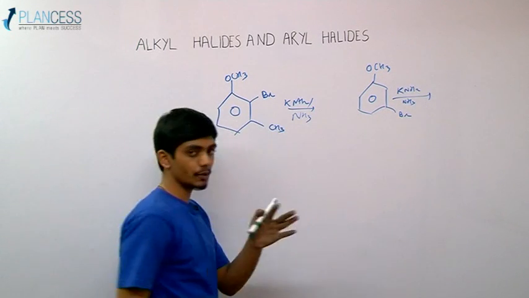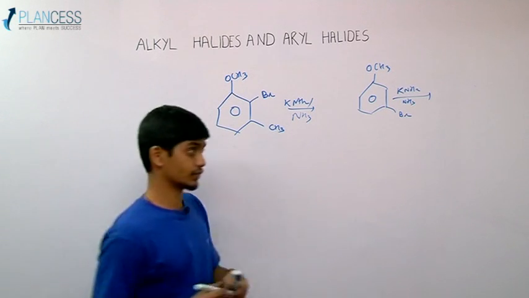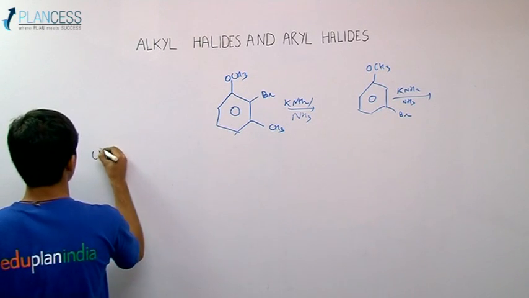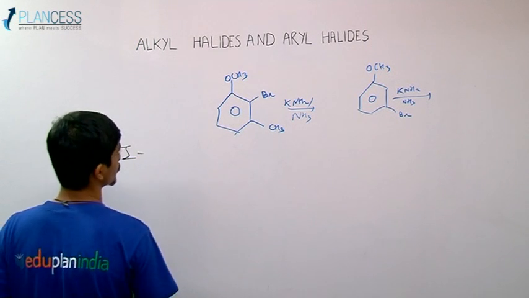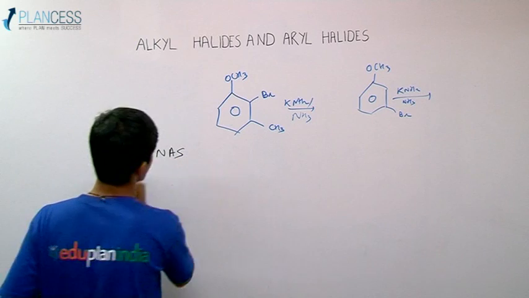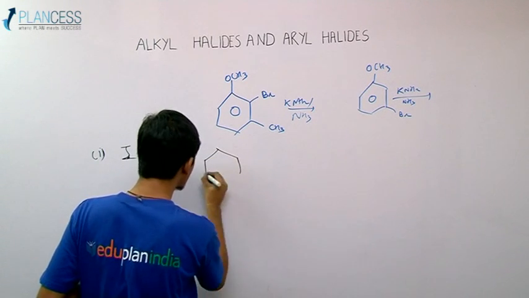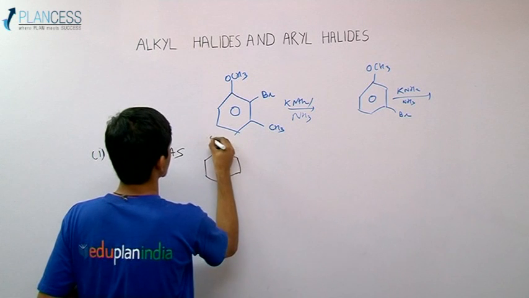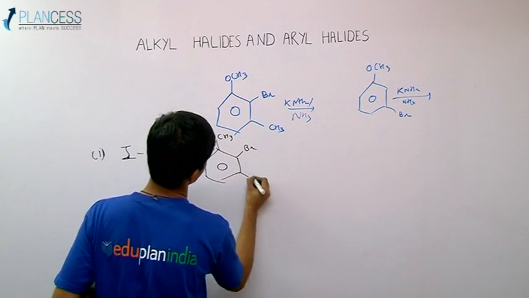I will be giving you 4 options, and you have to select the correct options from there. The first option is that the first compound gives nucleophilic aromatic substitution, and the product is OCH3, Br, CH3.